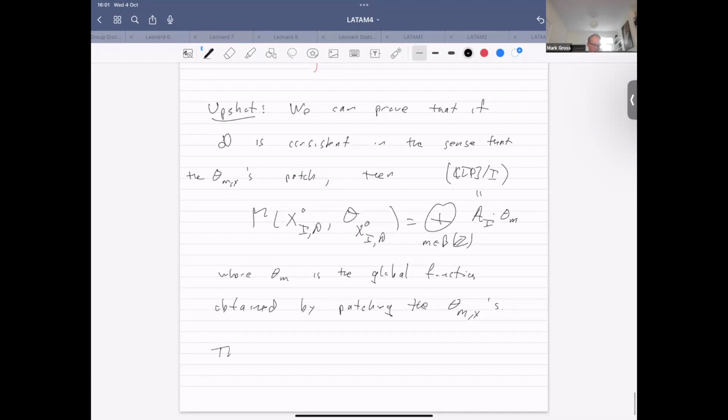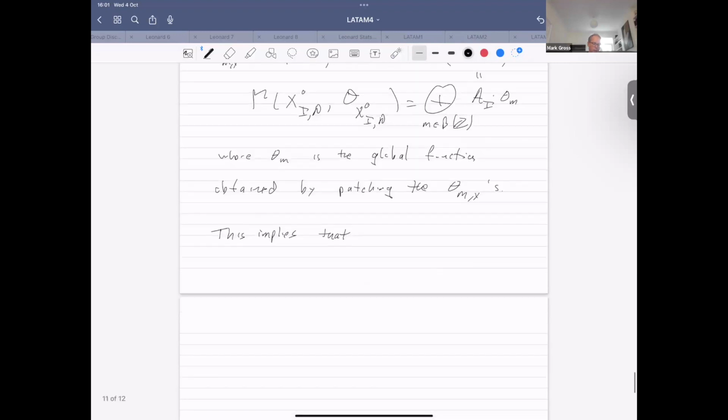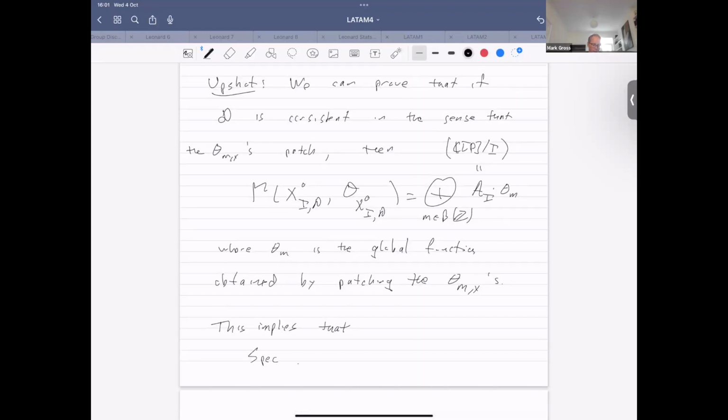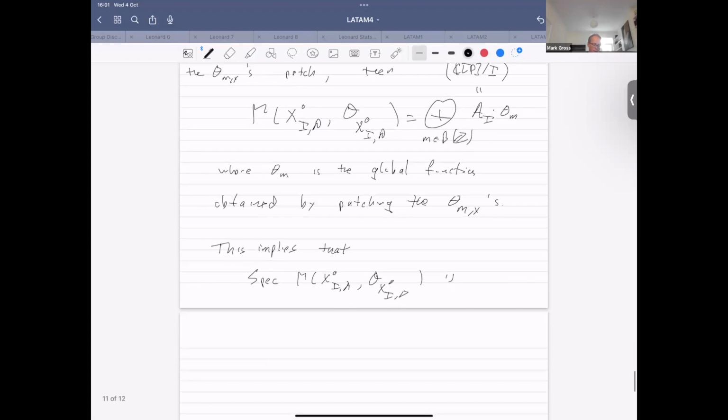This implies that Spec of m of x_ID, O_X open ID, is a good partial compactification of X open ID. Okay, so I think this is a good point to take a break.